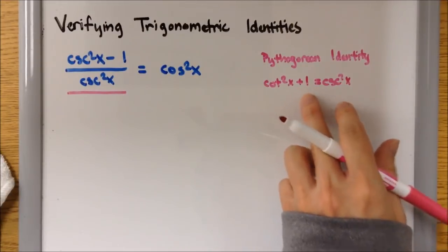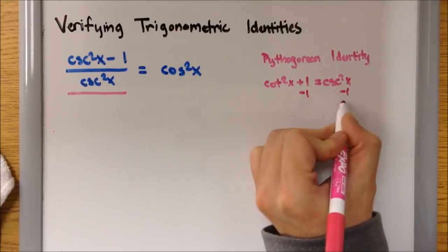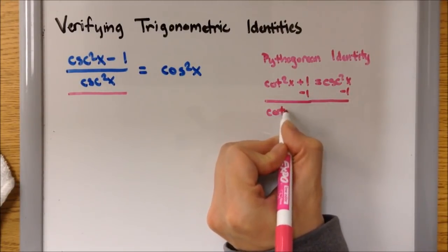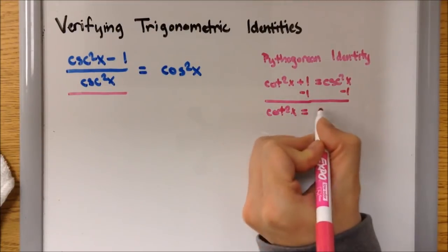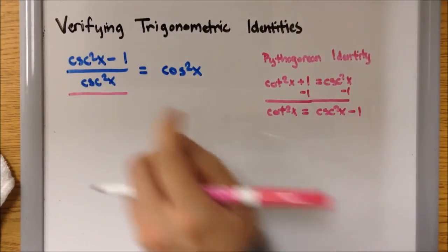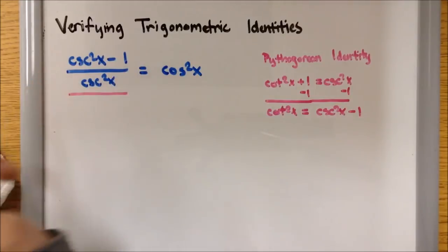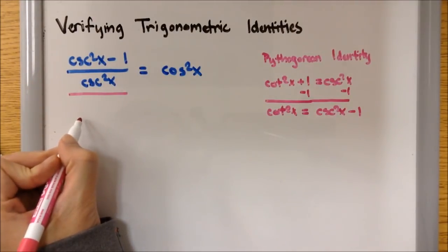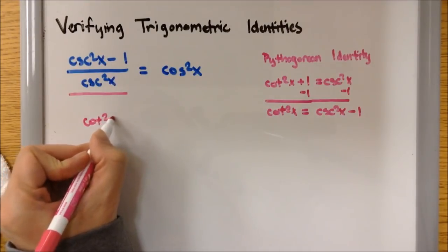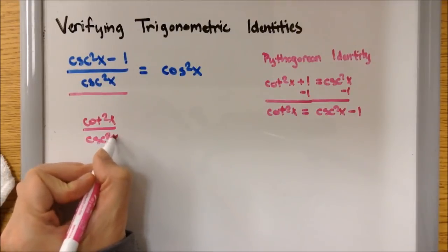Now, if I want to get the 1 with cosecant squared x, subtract 1. So cotangent squared x equals cosecant squared x minus 1, which is exactly the same as the numerator. So I'm going to rewrite this fraction as, instead of cosecant squared x minus 1, cotangent squared x over cosecant squared x.